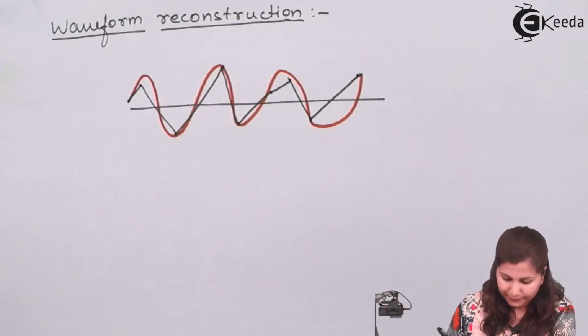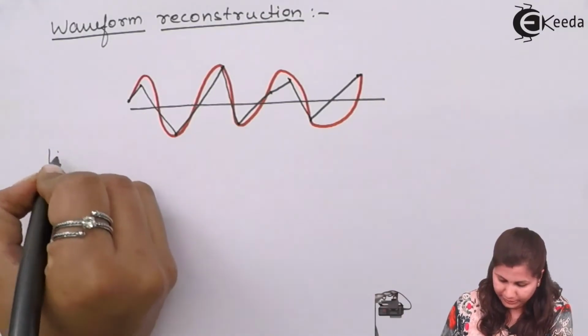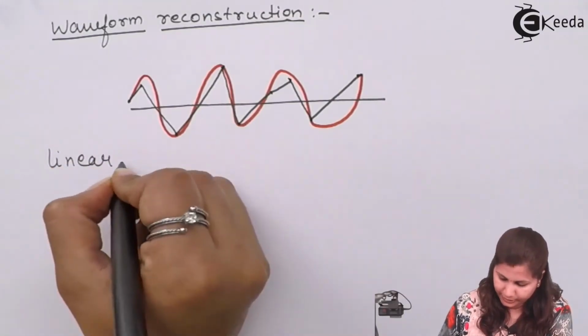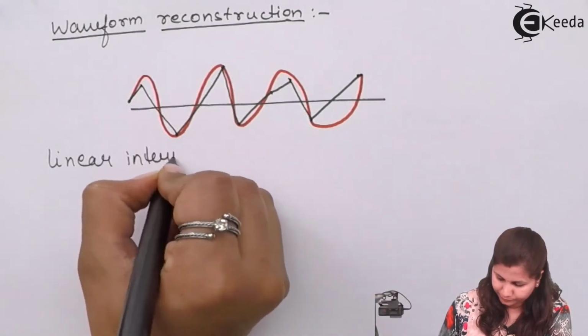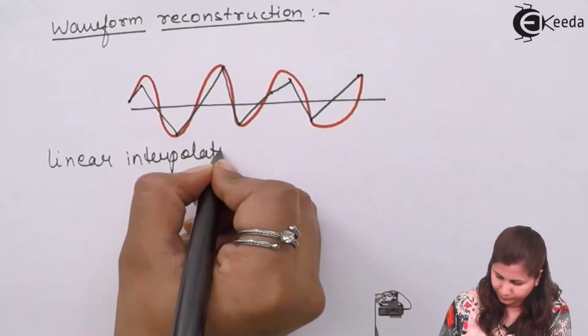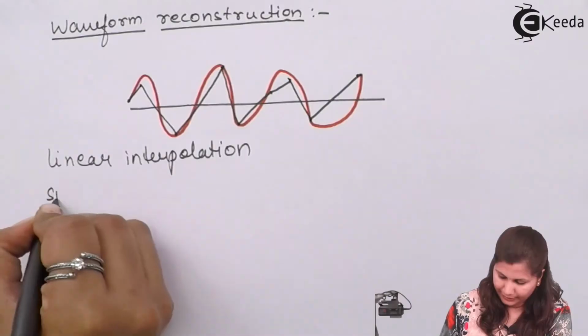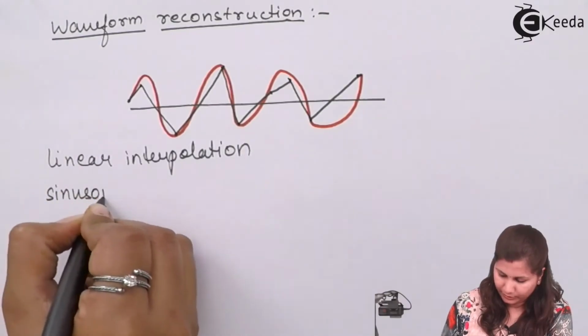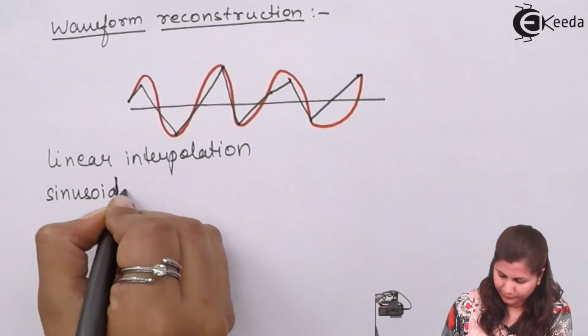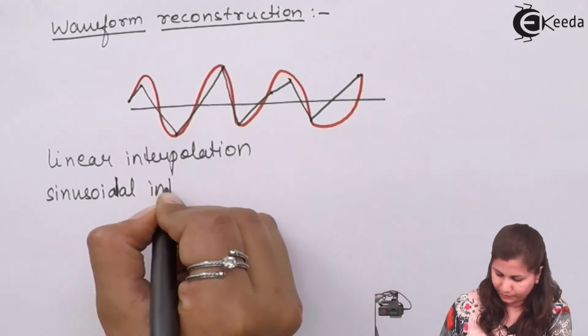So there are two types of formation: linear interpolation and sinusoidal interpolation.